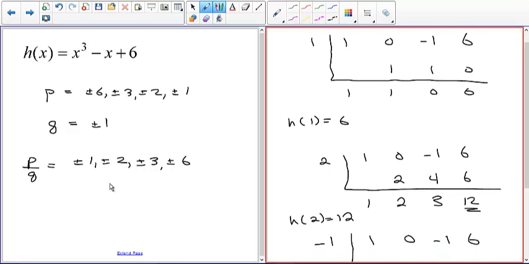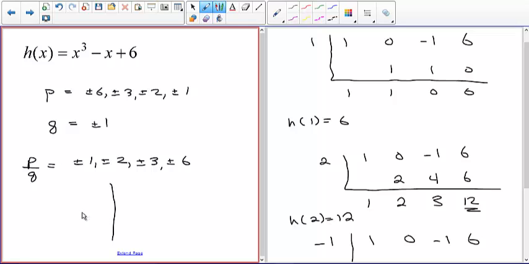I'm just going to think about this for a minute. Let's plot these points. Here's negative 1, here's 0, here's 1, 2. It says h of 0 is 6, h of negative 1 is 6, and this one's like that.